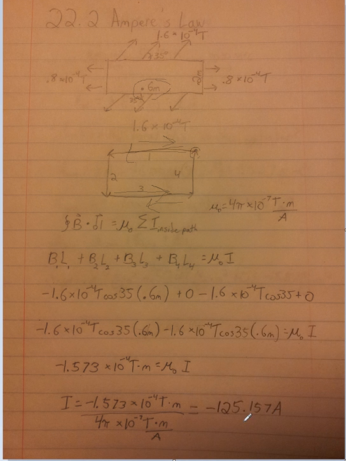It's negative because the current is actually going in the opposite direction than our path. So our current goes this way, but we travel this way. And this is Ampere's law.